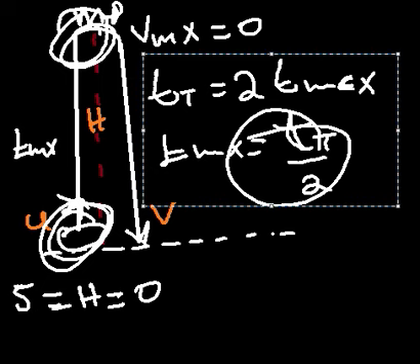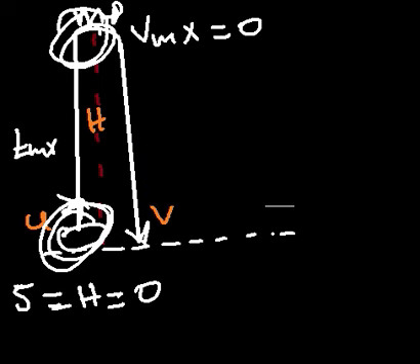And also, how can you have the t total for the whole entire journey?